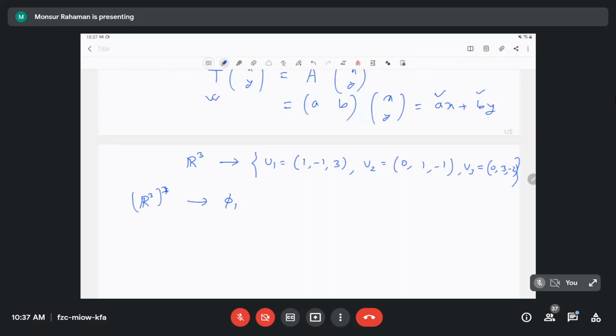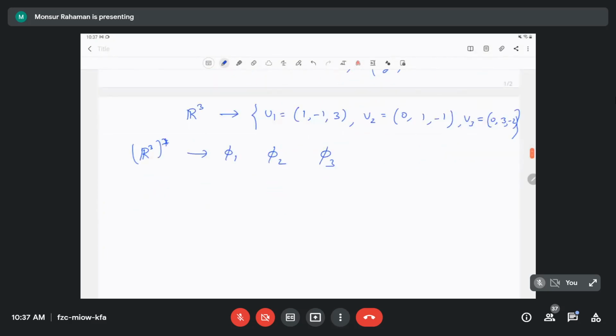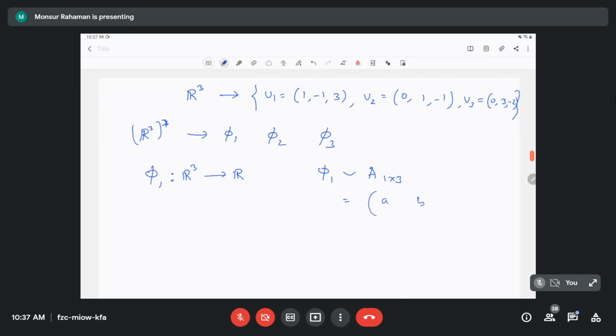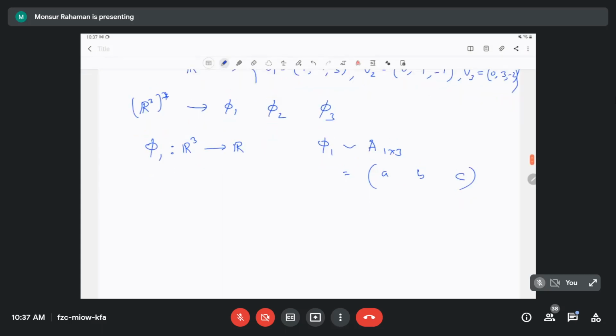It is obviously phi 1, phi 2 and phi 3, and phi 1 is any linear transformation from R3 to R. So phi 1 will be like a 1 cross 3 matrix, which means you need 3 scalars to know this functional.